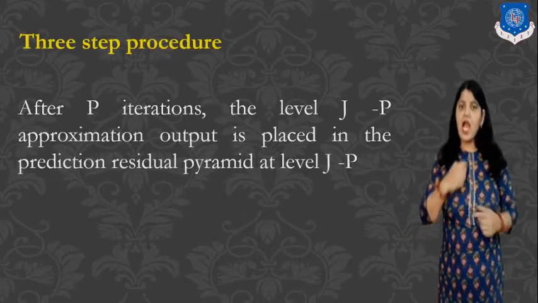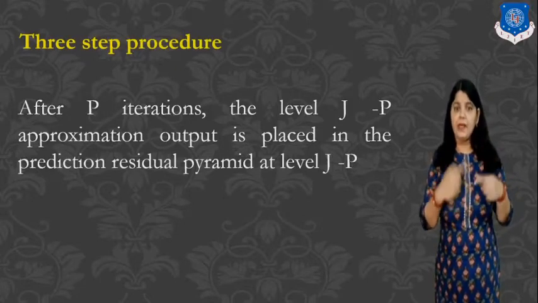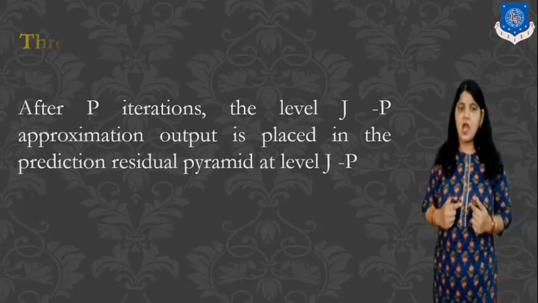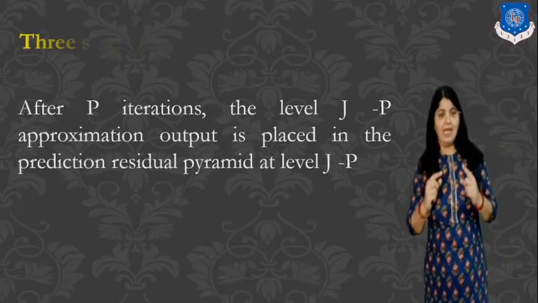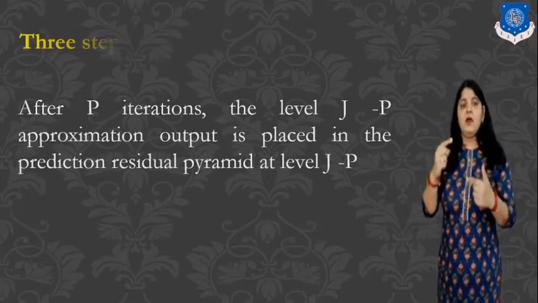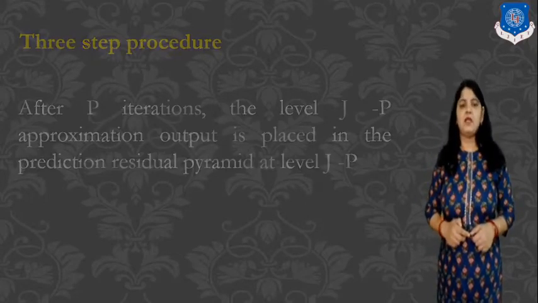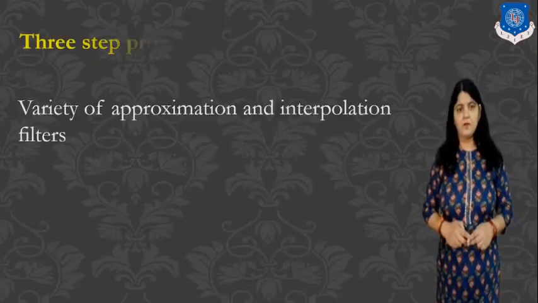So now after performing the P iterations, the level J minus P approximation output is placed in the prediction residual pyramid at level J minus P.